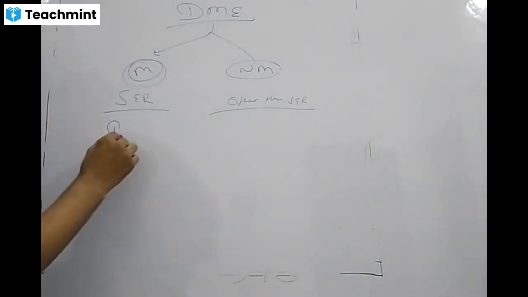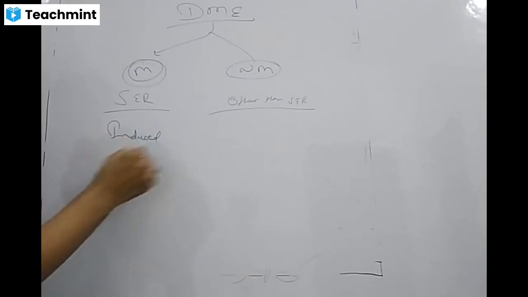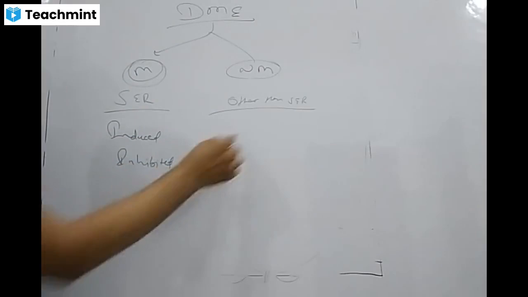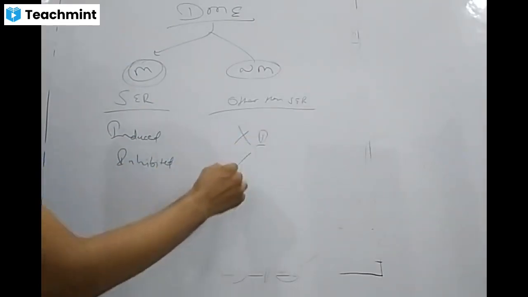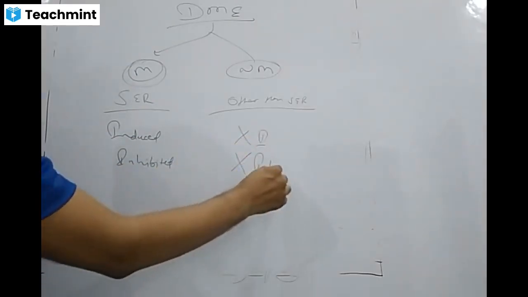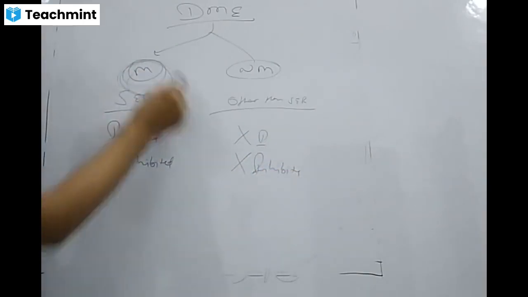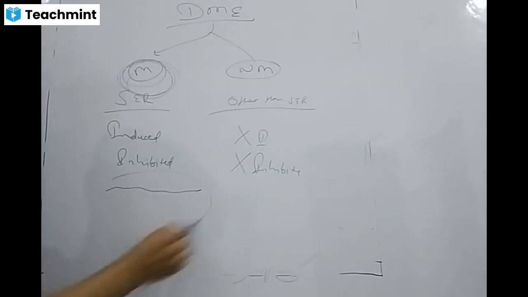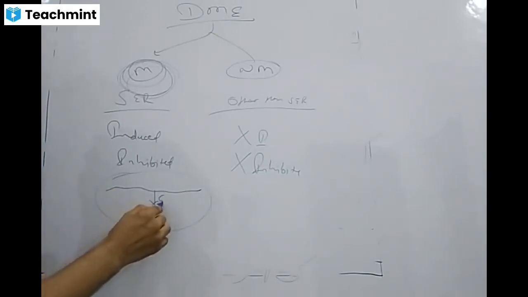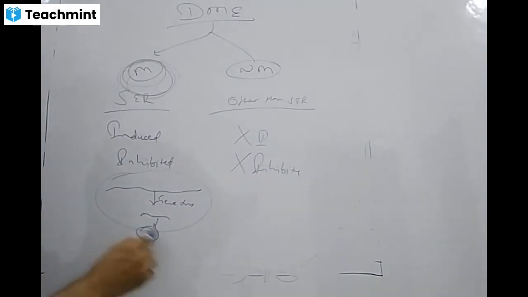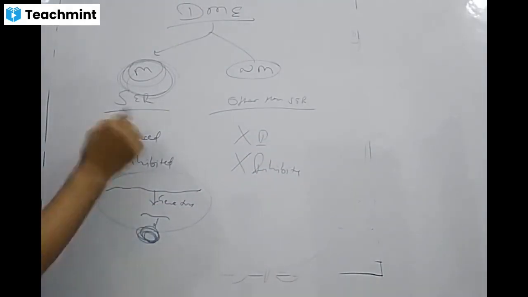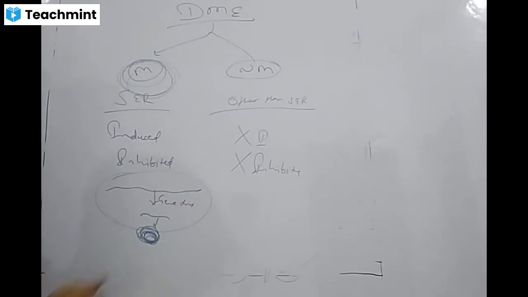Microsomal enzymes can be induced and can be inhibited, but non-microsomal enzymes cannot be induced and cannot be inhibited. We have genes inside the cell, and genes do gene transcription, then translation, then we make proteins, and these proteins are the enzymes.